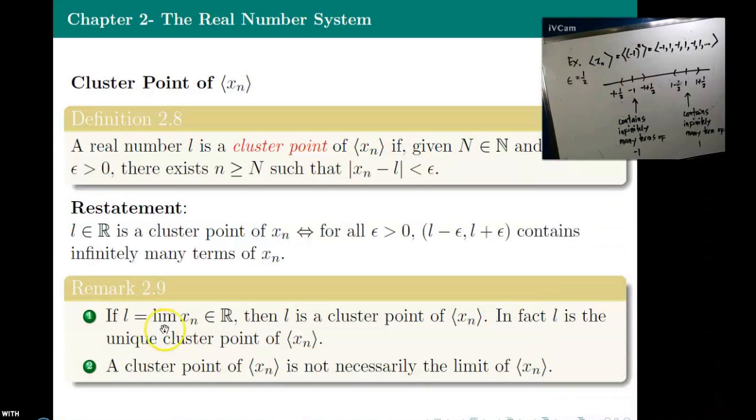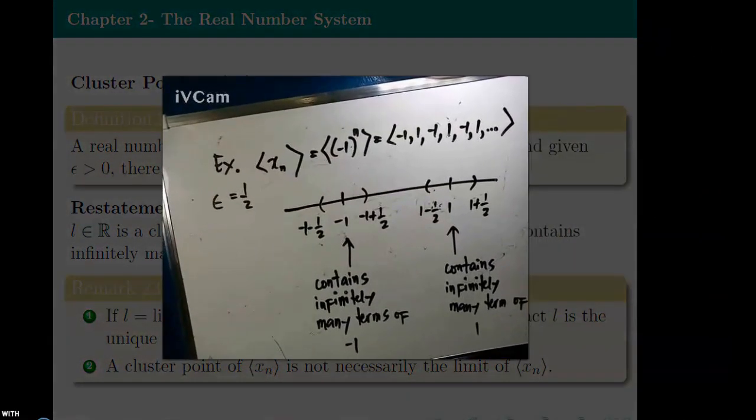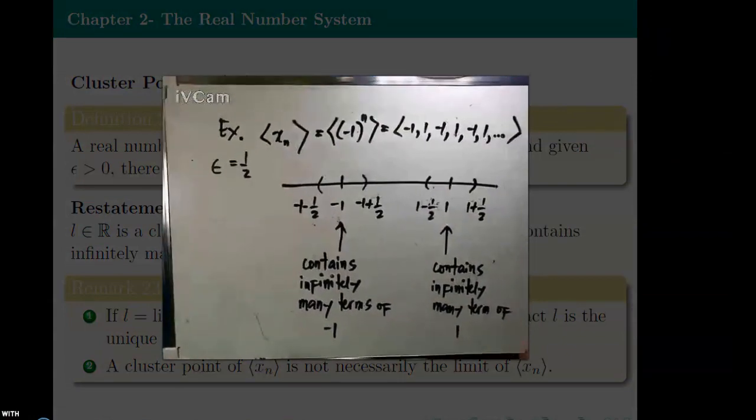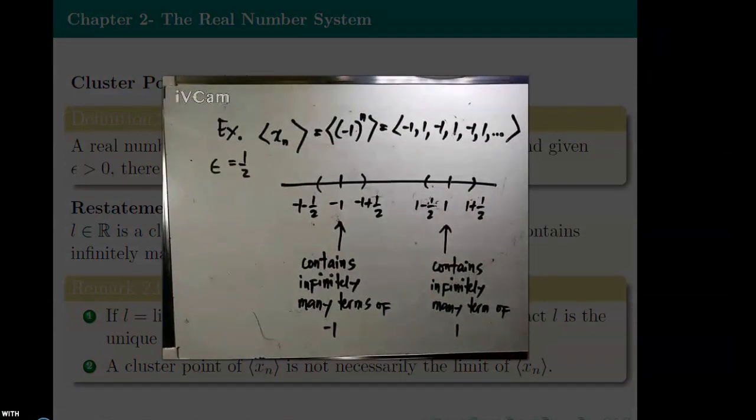Now, let's have this remark here. If L is the limit of the sequence, then L is, of course, a cluster point of the sequence. In fact, L is the unique cluster point of the sequence. Now, a cluster point of the sequence is not necessarily the limit of the sequence, as can be seen in this example. Let us consider the sequence negative 1 to the n.